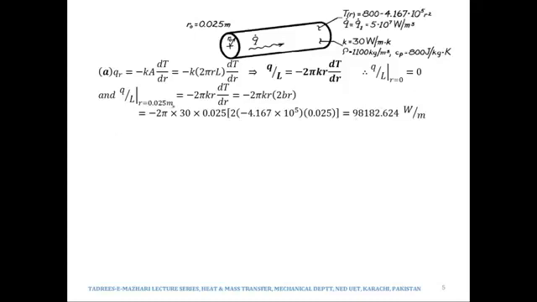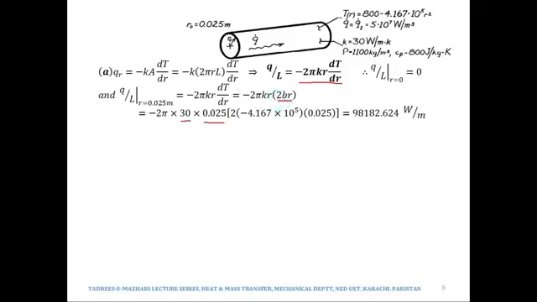Now at r equal to 25 millimeters, or 0.025 meters, we put those values in here: minus 2 pi k, where k is 30 and r is 0.025 meters, times dT by dr. If we differentiate the temperature function, which was a plus br square, the differential of a would become 0 and the differential of br square would give us 2br.